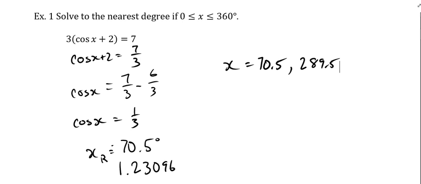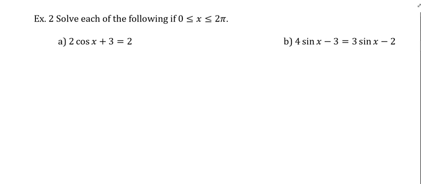Any questions about that? So this is what we call a linear trig equation. It's linear for reasons that you will see when we compare it to other types, which we'll do momentarily. Okay, I want you to try the next one.